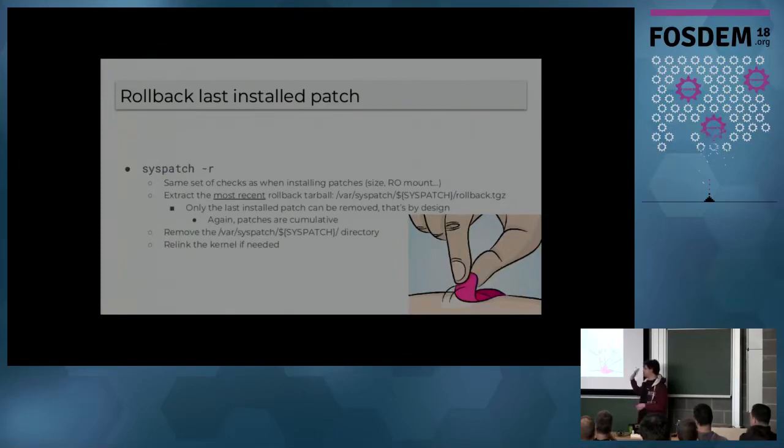So what it does basically, it does the same kind of checks as we do when installing patches. And then it will get the rollback tarball from the /var/syspatch directory and extract it. And then, of course, remove the old syspatch directory, and then we relink the kernel if needed.